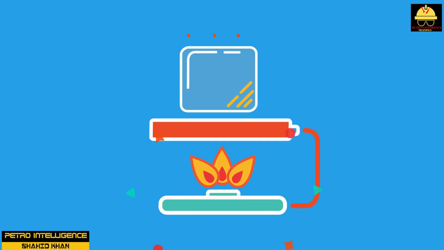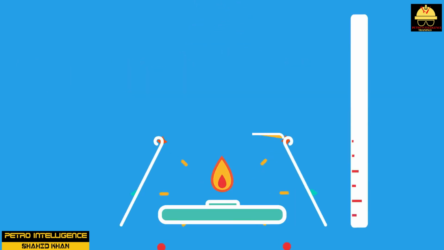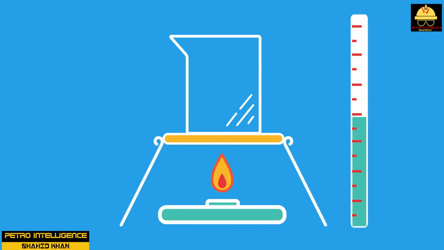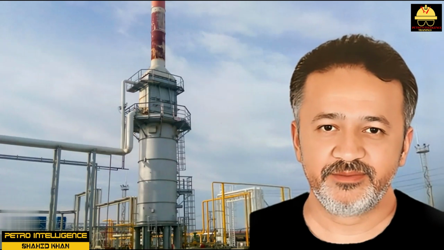Fuel heat value. Different fuels release different amounts of heat energy as they are burned. The heat energy released, referred to as the heat value, is measured in British thermal units per cubic foot. The British thermal unit, BTU, is a measurement of heat energy. 1 BTU is the amount of heat required to raise the temperature of 1 pound of water 1 degree Fahrenheit.